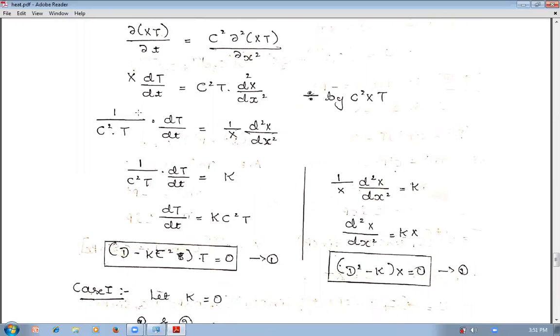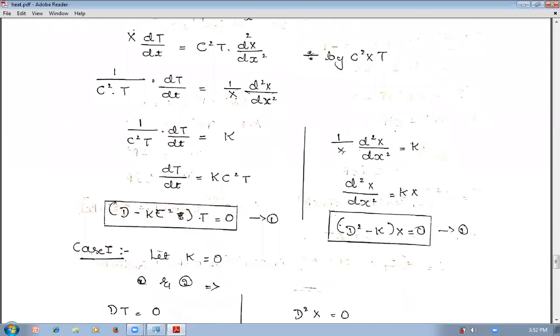Next, equate these two functions with a common constant k. (1/(c² T)) dT/dt = k, and (1/X) d²X/dx² = k. Cross multiply this. We obtain a differential equation of first order and here a differential equation of second order, with dependent variables capital X and T and independent variables x and t.